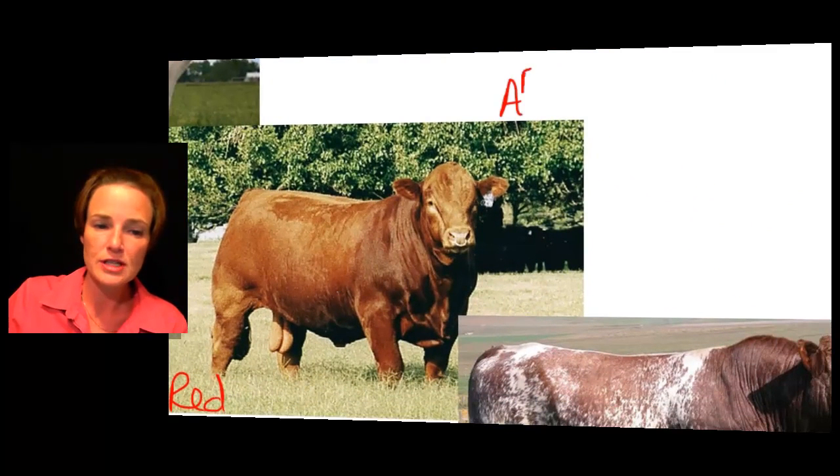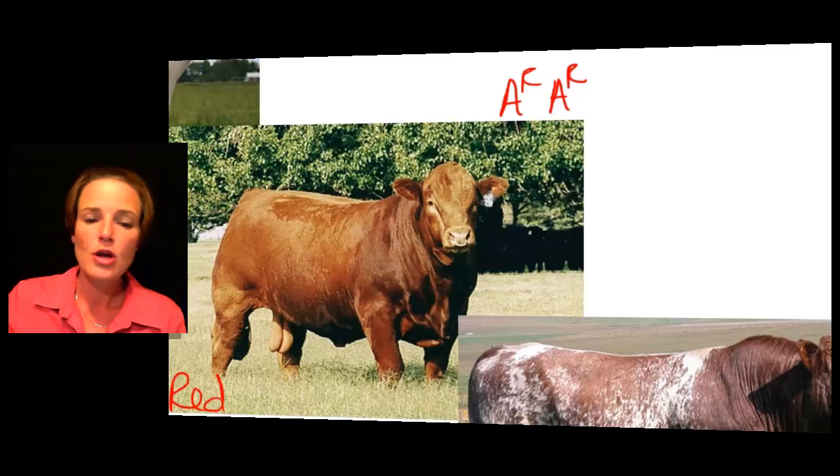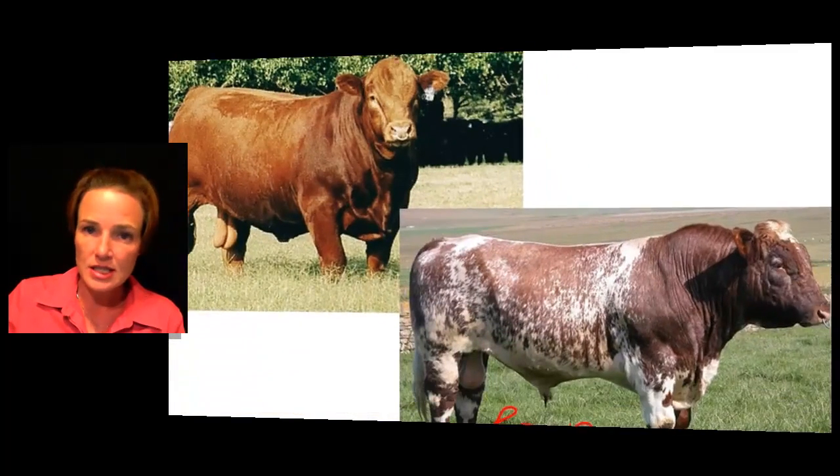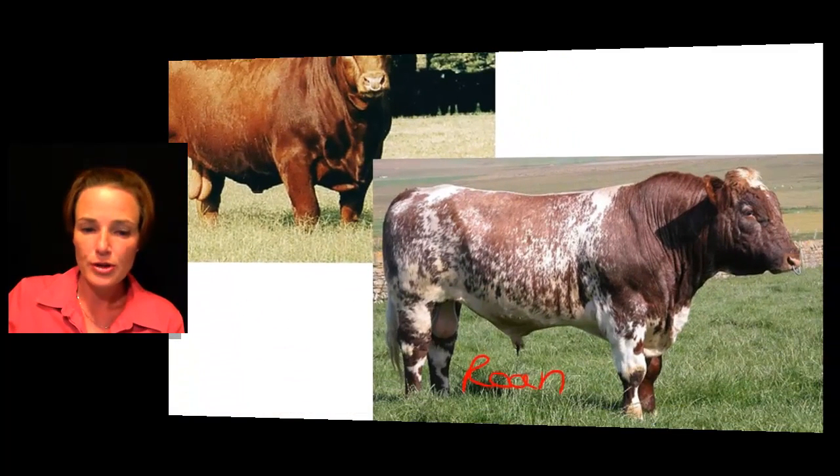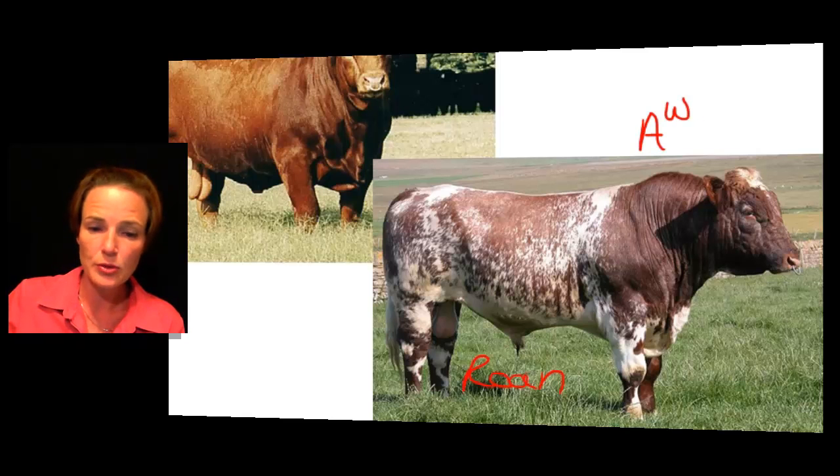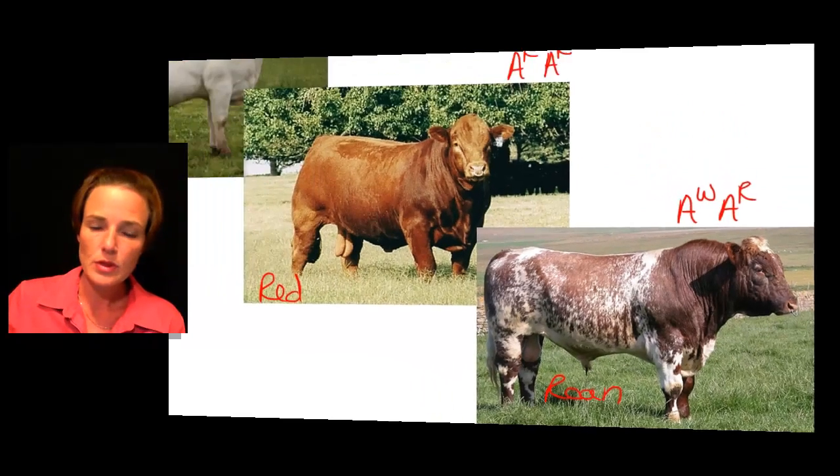The red cow is homozygous for a different allele, which we're going to call A with a capital R. When we have the heterozygous condition, that's the roan color at the bottom. So the roan cow is AW, AR. Those are our three genotypes, and since this is incomplete dominance, the color of the cow matches the genotype. So it's very easy to match up the phenotypes with the genotypes.